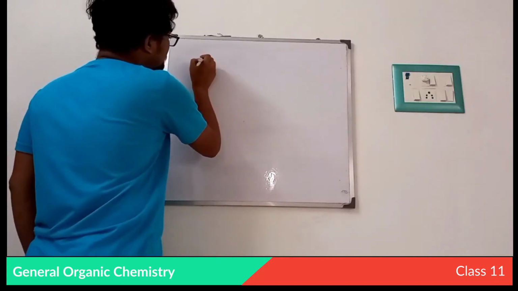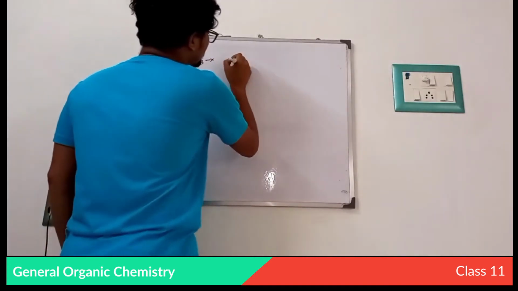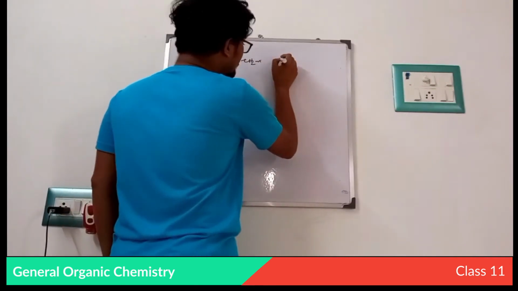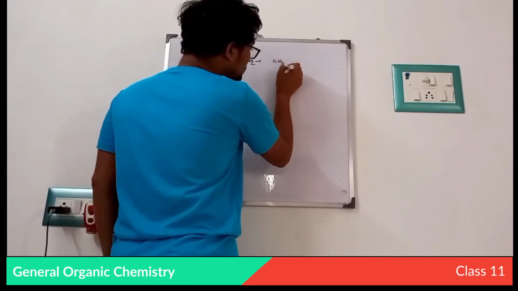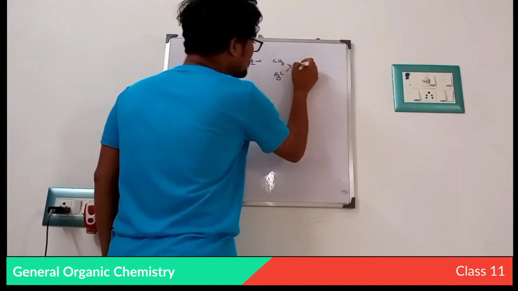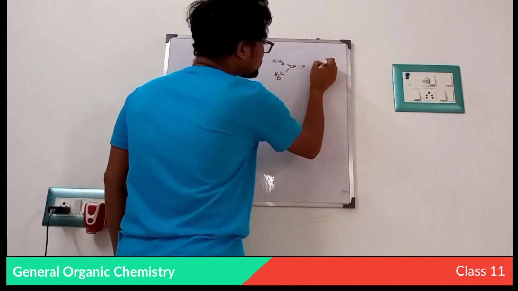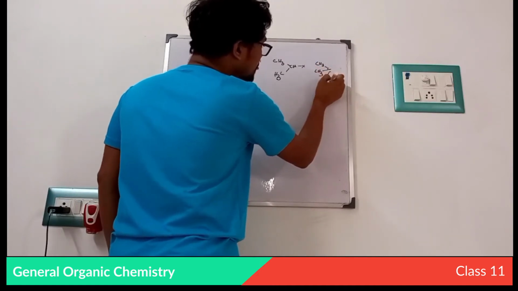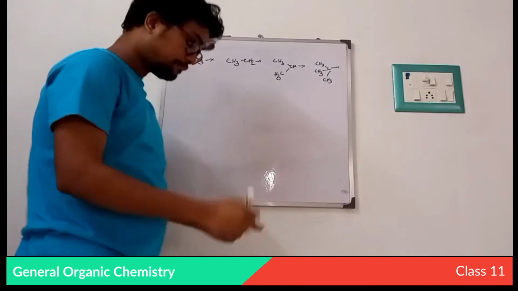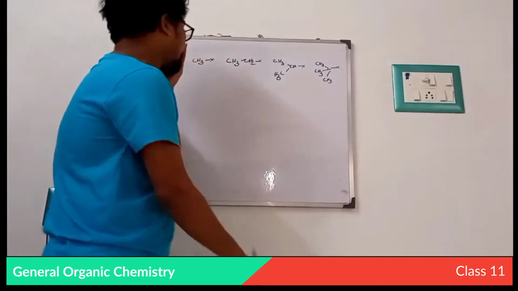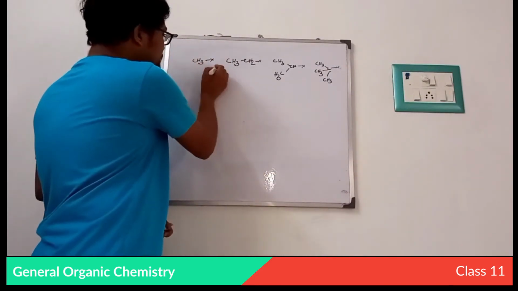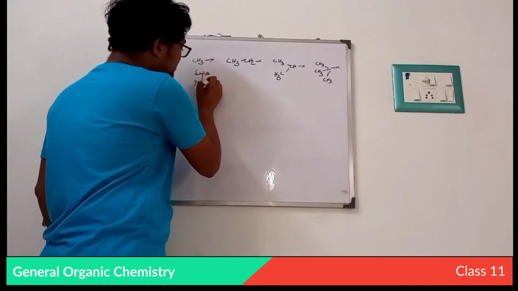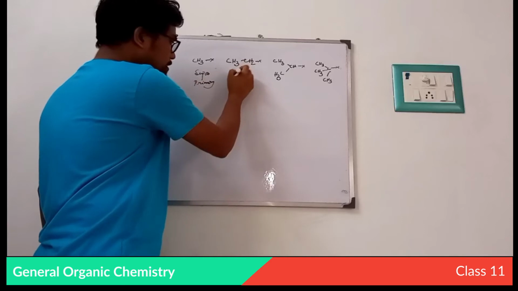Suppose this is CH3X, this is CH3CH2X, this is CH3CHCH3X, and this is CH3CCH3CH3X. Now look very carefully. This is called super primary. This is primary.